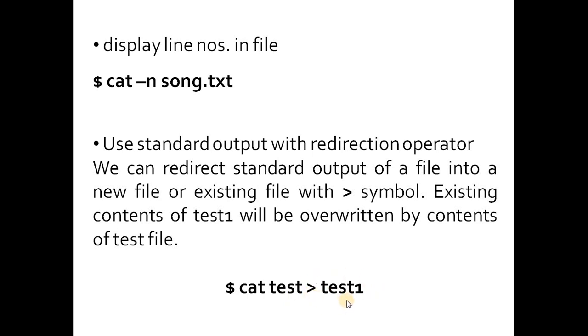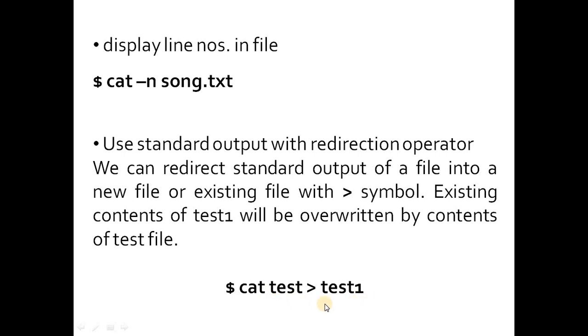But if test1 already has some data, it will be deleted, and then the contents of test will be written to test1. So when we use this operation to copy data from one file to another file, the previous data of the destination file will get deleted.